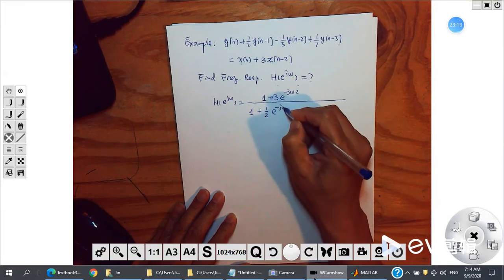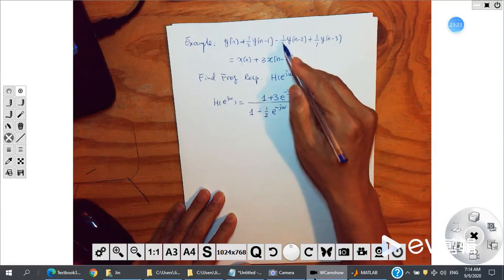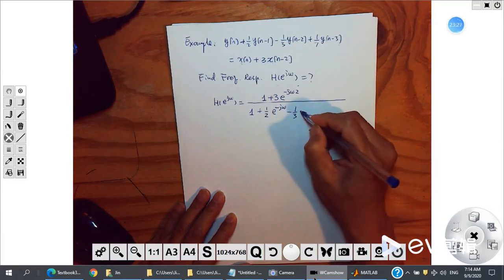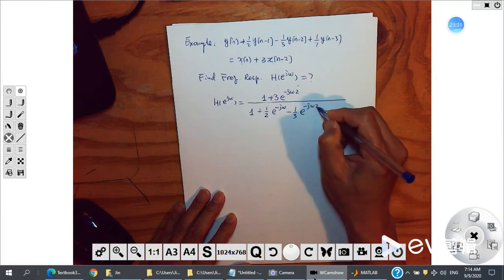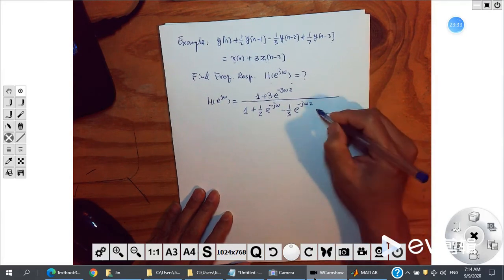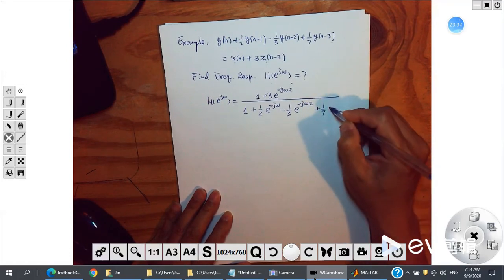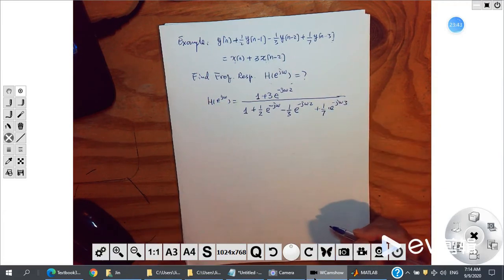The third term has coefficient negative 1/3 and is shifted by 2, so e to the negative 2 j omega. And the last term is 1/7 times e to the negative 3 j omega, shifted by 3. Okay, this is the frequency response.